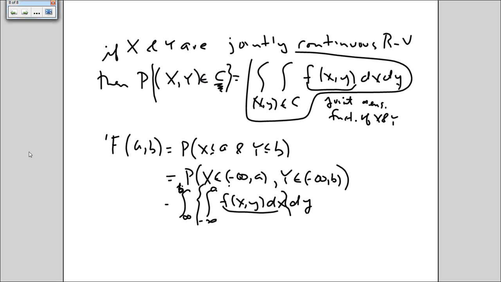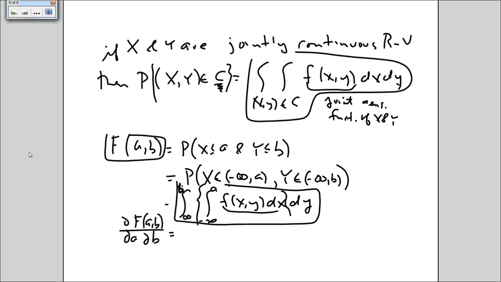If I take the partial of F of ab with respect to, say, a, and then with respect to b, if I do the same thing over here, if I do this actually first with respect to b and then with respect to a, what I'm going to get is just the double derivative on the right side is just going to be f of ab.